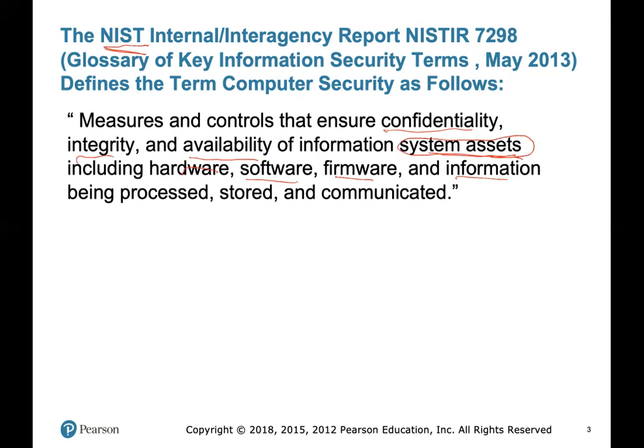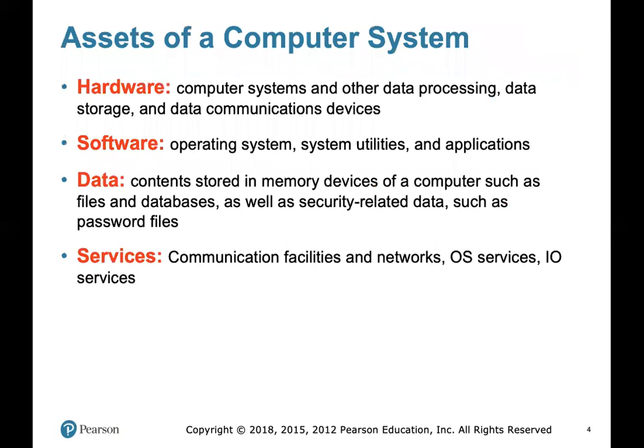There are assets in computer systems, or information systems in a broader way, that include hardware, software, firmware, and information. And those assets should be kept confidential. They should attain integrity and availability. So let's go forward and define each of these parameters.